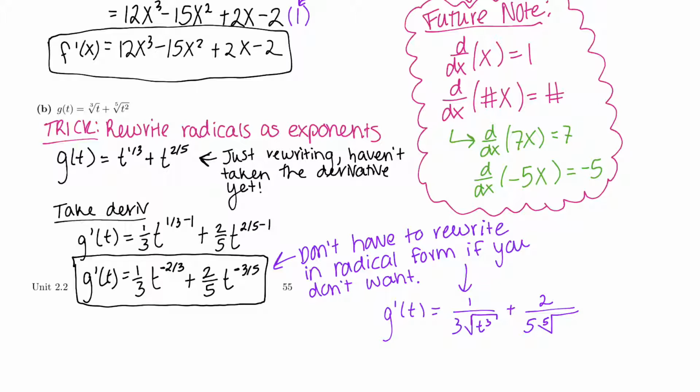Mistakes. Don't mind me just making mistakes here. 1 over 3 cubed root of t squared is what this should be. Cubed root of t squared. And then this would be the fifth root of t cubed. But that would be if you wanted to. If you really just want to practice your radicals, that's fine, but you don't have to. Just some people like to go that little extra mile there.